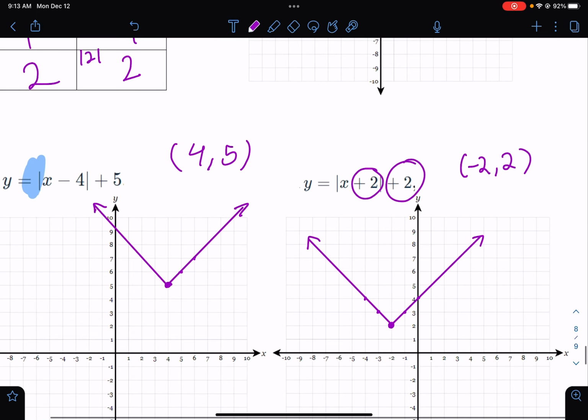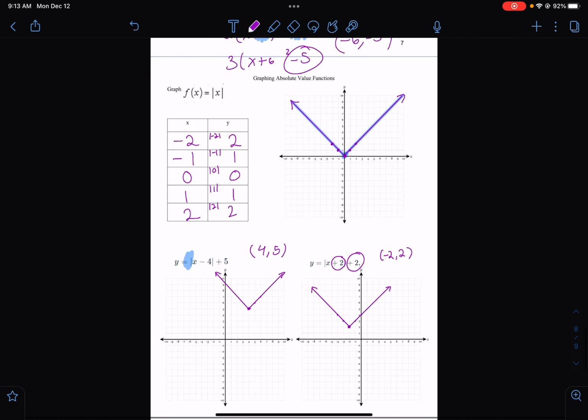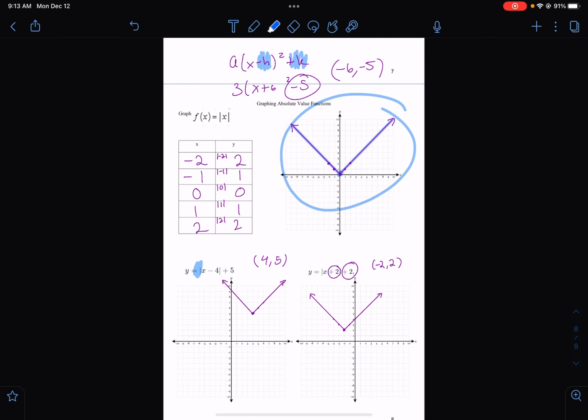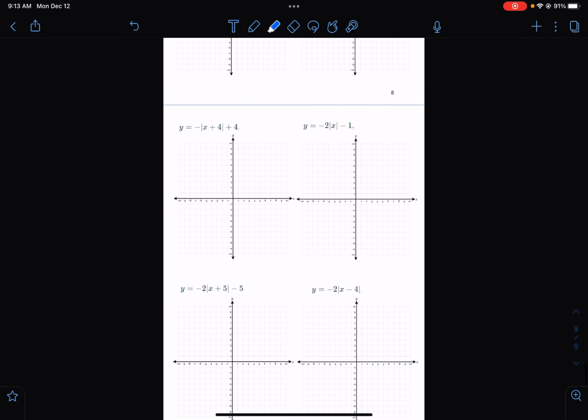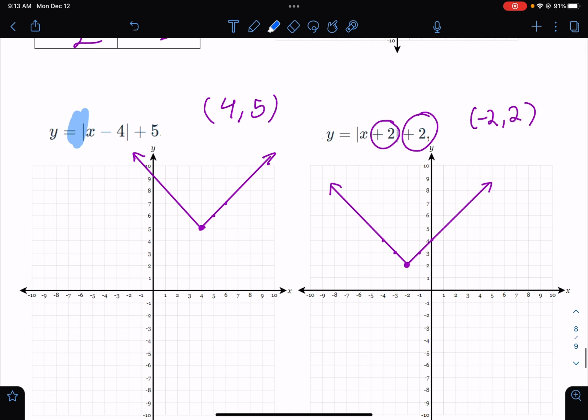All right. So hopefully not too bad. You can see all we're doing right now is just kind of moving this graph around. Now, both of these guys had nothing out in front, right? So that means that our slope stayed 1, and it stayed going up like a V.